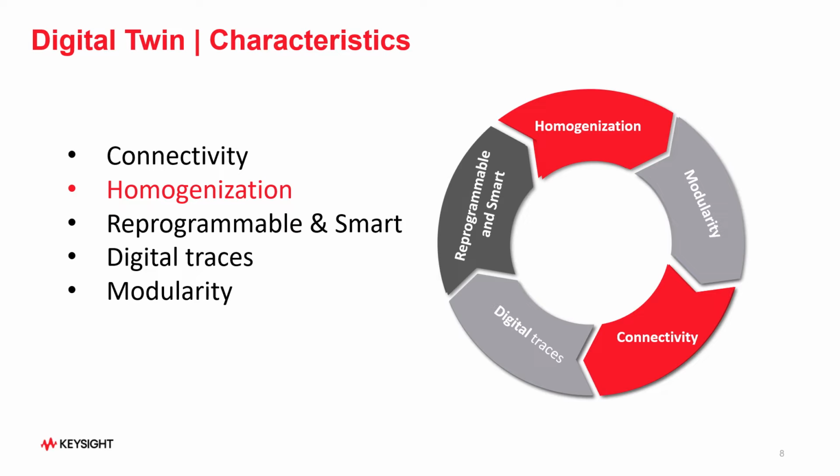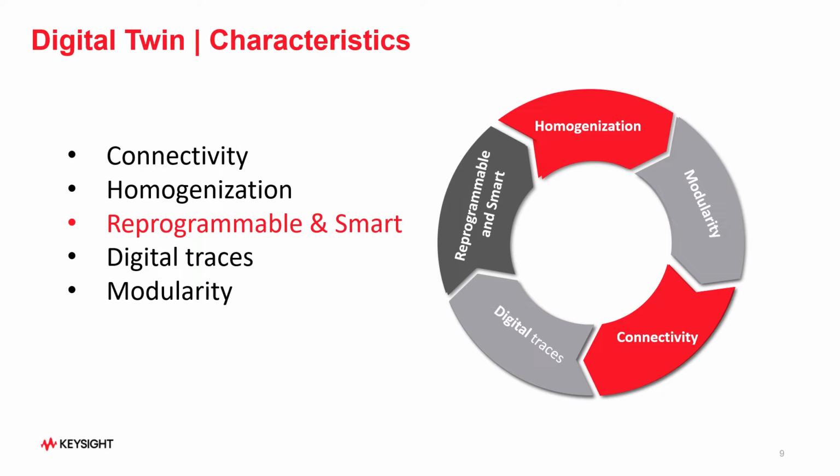Therefore, the homogenization of data and the decoupling of the information from its physical artifact have allowed digital twins to come into existence. However, digital twins also enable increasingly more information on physical products to be stored digitally, and thus become decoupled from the product itself.